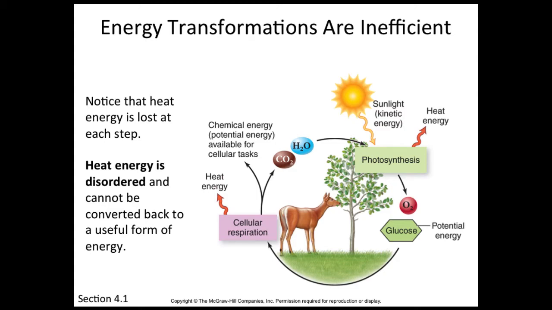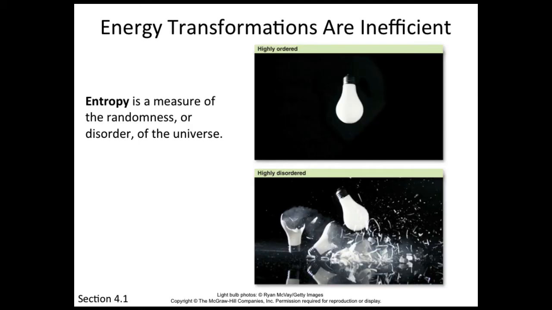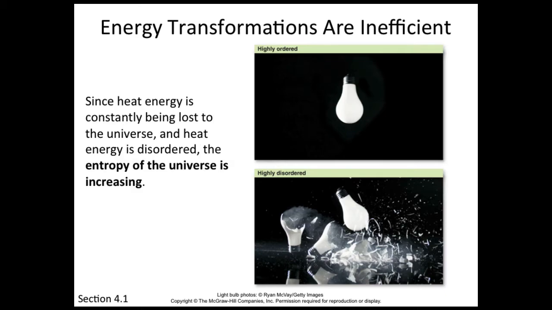Entropy is a measure of the randomness or the disorder of the universe. Since heat energy is constantly being lost to the universe and heat energy is disordered, the entropy of our universe is increasing.